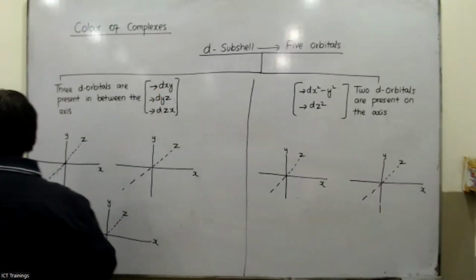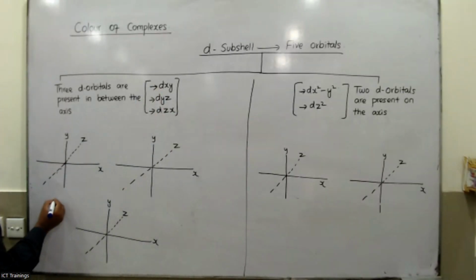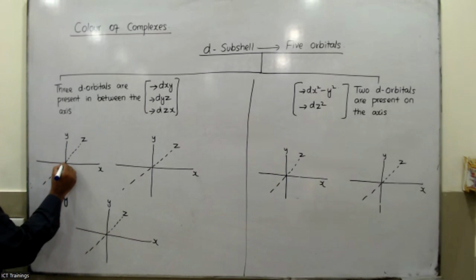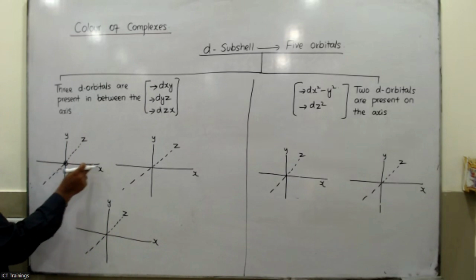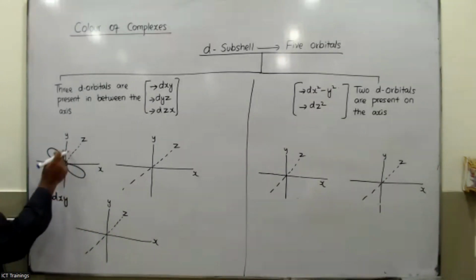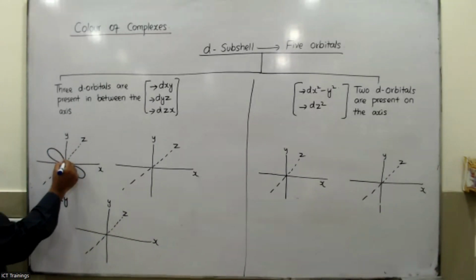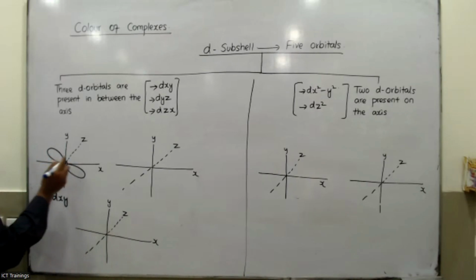Let's suppose the first one, that is dxy. Where all the axes meet, we have the nucleus. The first one is xy, so it is present in between x and y, like that. One eight is present like that.